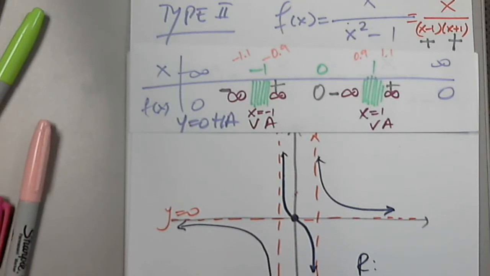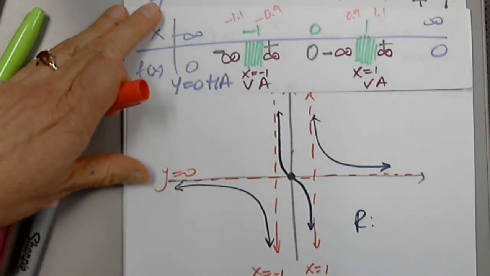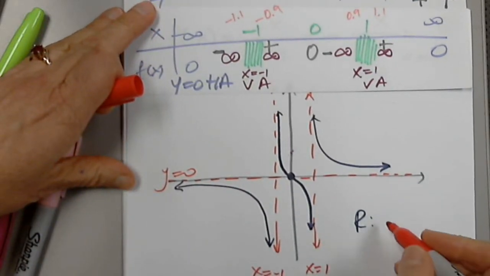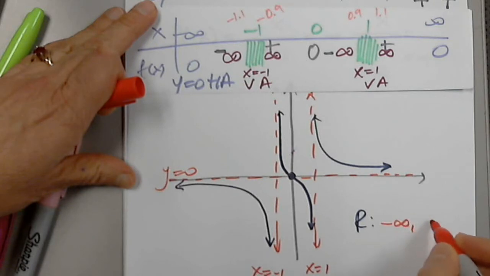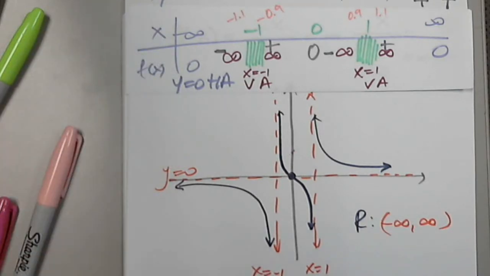Yes. Once I say yes, then the range must be all real numbers. No matter where you cross it, the horizontal line would hit the function somewhere. Very good.